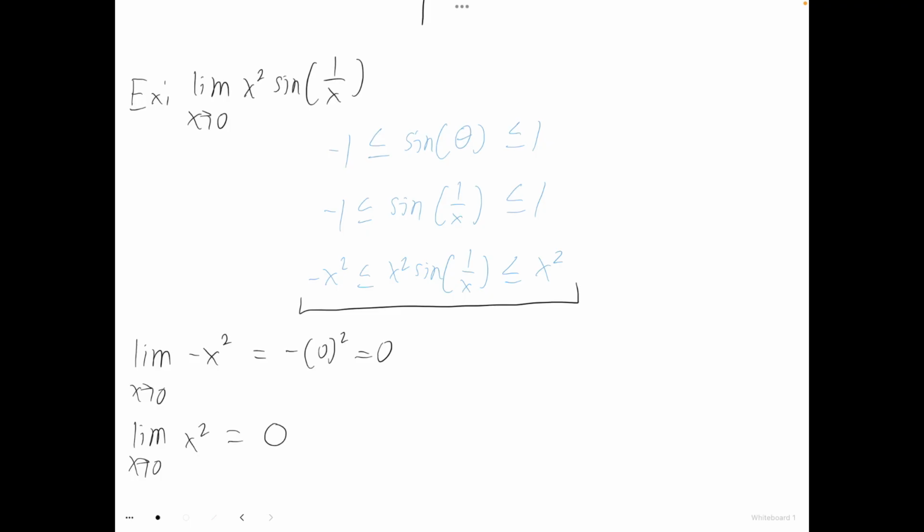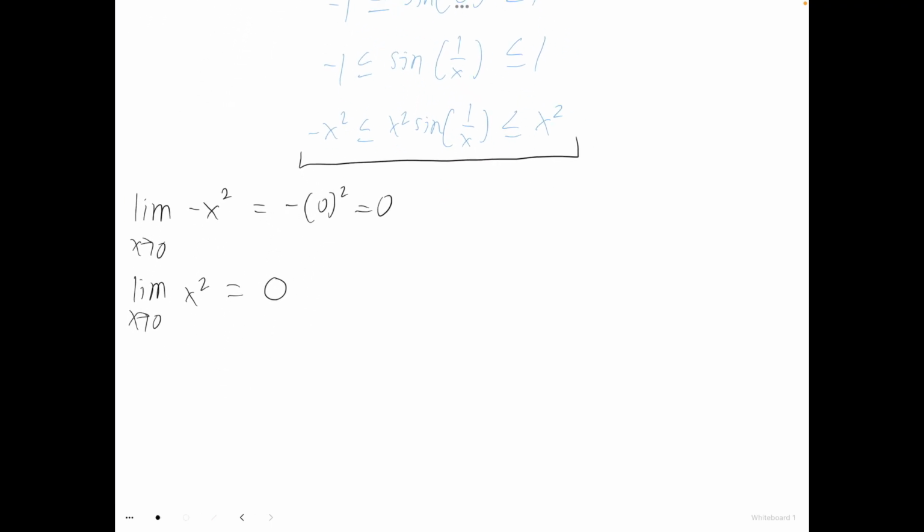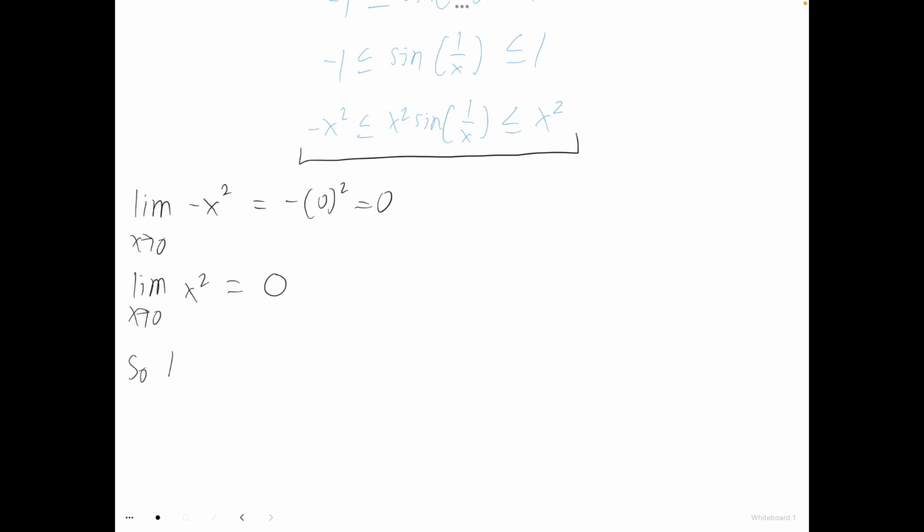So the 2 things on the end are both going to 0. And so by the squeeze theorem, the limit as x goes to 0 of x squared sine of 1 over x must also be 0, because it got squeezed between these 2 things that we knew were going towards 0.